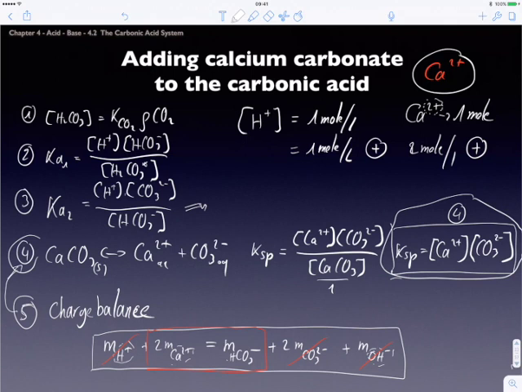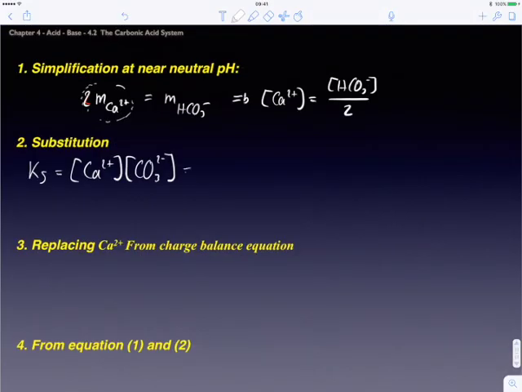You express carbonate as Ka2 times the concentration of bicarbonate divided by H+. So if I substitute this here, your calcium is going to be equal to Ka2 times the concentration of bicarbonate divided by the concentration of H+.